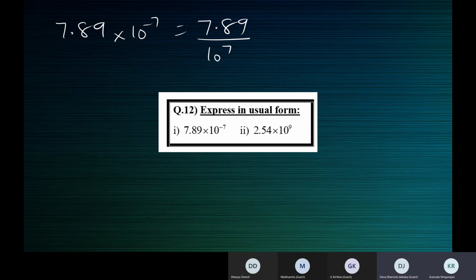So the number will become very small. How small? It will become 0.1, 2, 3, 4, 5, 6, 7, 8, 9.